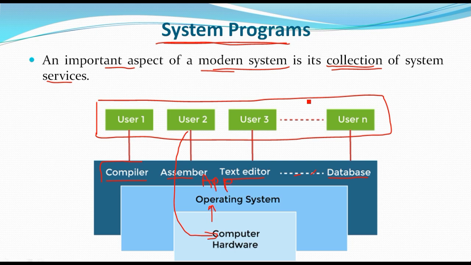All these applications are loaded on the operating system, so the text editor, assembler, compiler, word processor and database interact with the operating system, and the operating system interacts with the computer hardware. Therefore, to get the system services we need system programs. The system programs provide the system services.